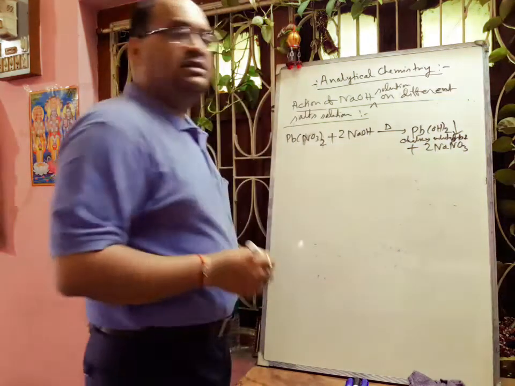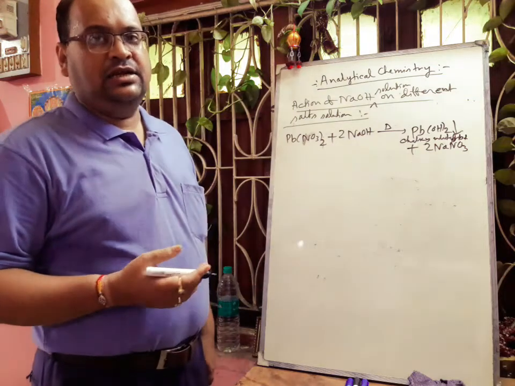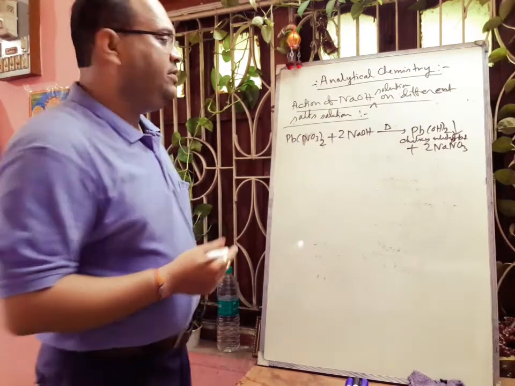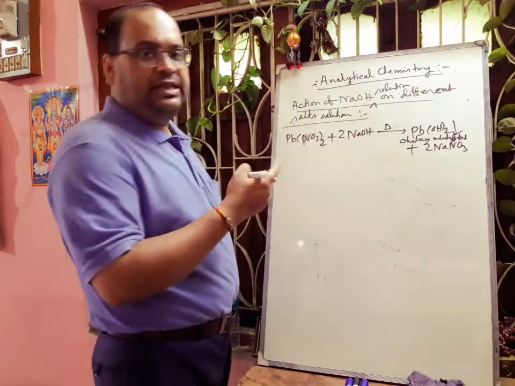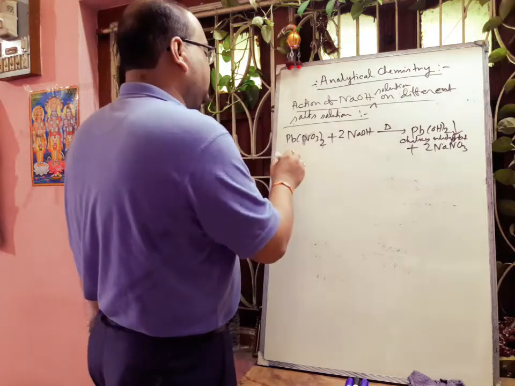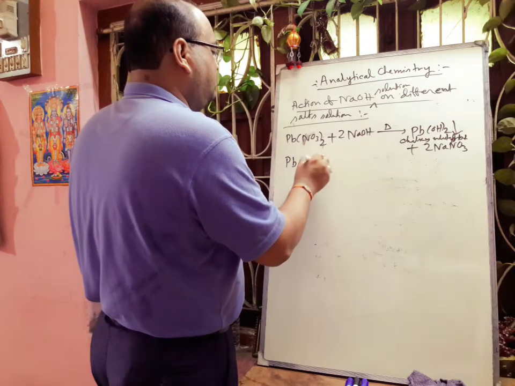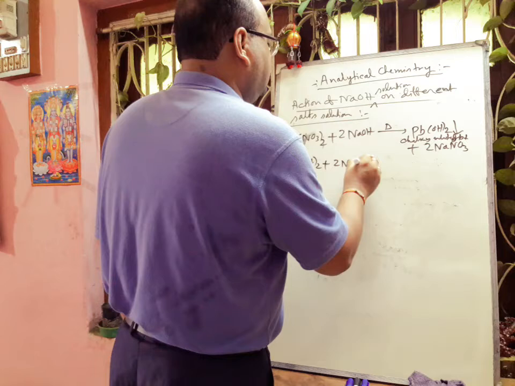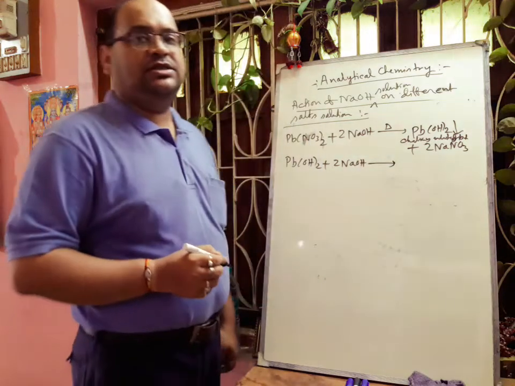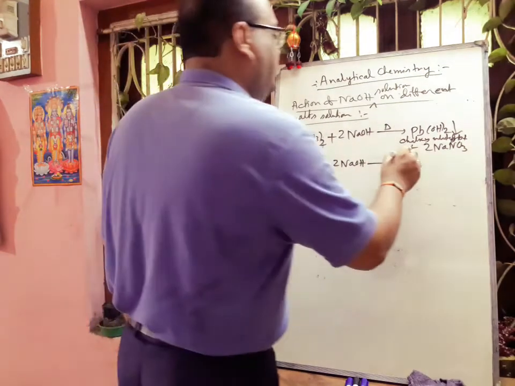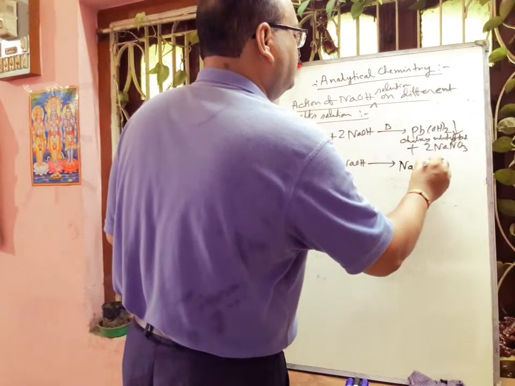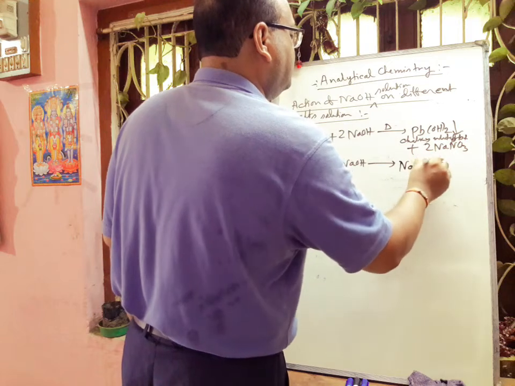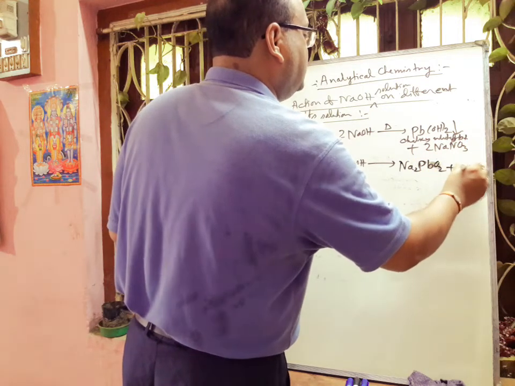Now this is in case of a little sodium hydroxide. If we add excess sodium hydroxide, then this lead hydroxide again reacts with this sodium hydroxide, and there will be formation of sodium plumbite, Na2PbO2, plus 2 H2O.